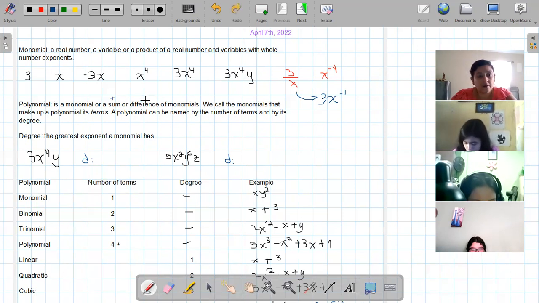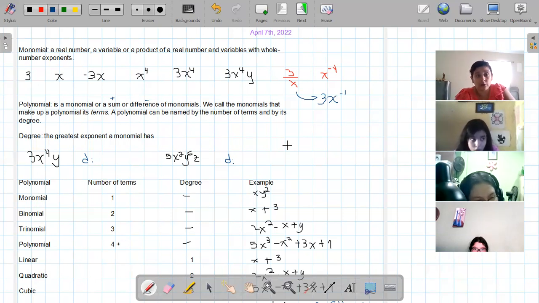Whenever we have additions or subtractions, then we have polynomials. So the last topic, we were seeing variable expressions in order for us to apply all of the exponent laws or the rules of exponents. And I told you, it is only a product. So in this case, polynomial has additions and subtractions.